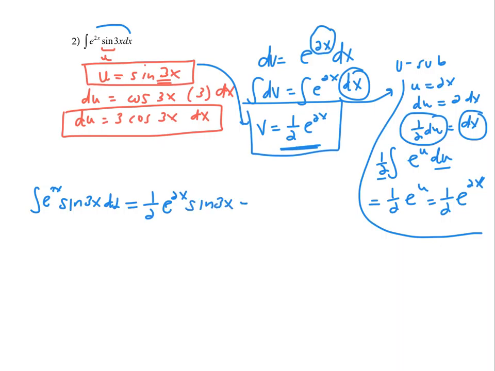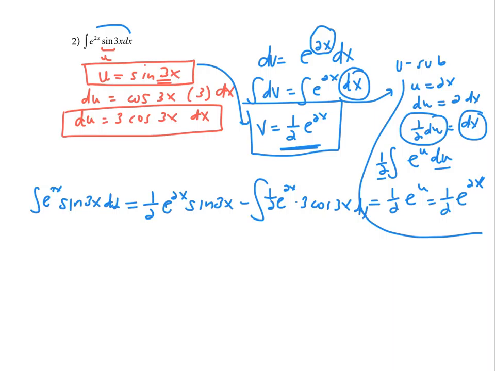And we're going to subtract from that the antiderivative of v, which is 1/2 e to the 2x times du. Okay, so I'm going to try to squeeze that in there. And that du is equal to 3 cosine 3x dx.